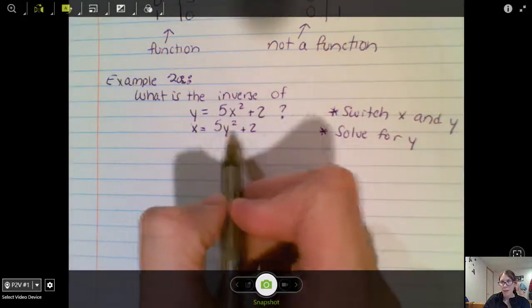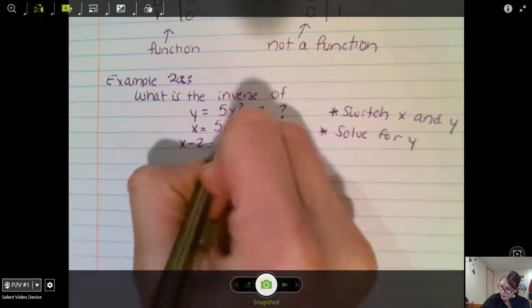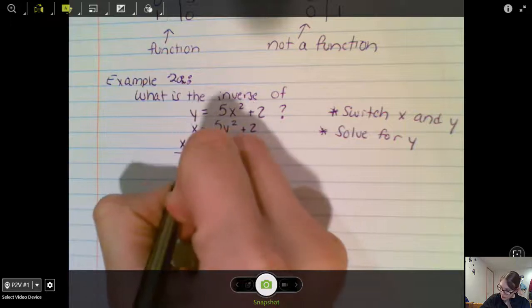So in order to get y by itself, we start off by subtracting 2 from each side. Then I divide by 5.